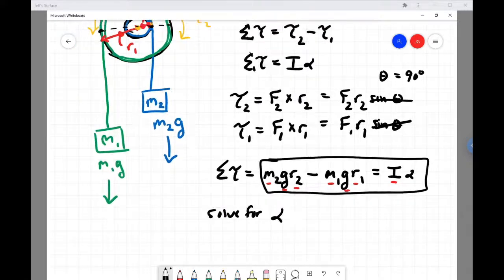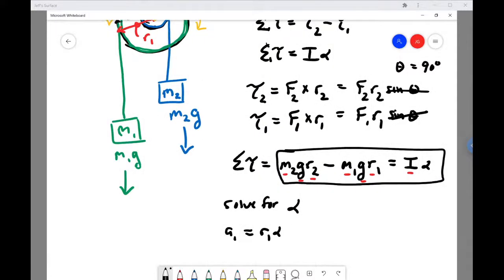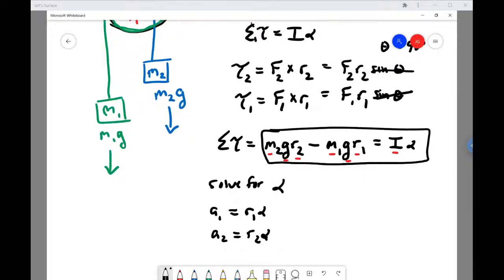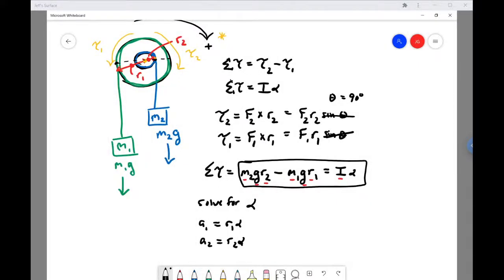And then once you have alpha, you can figure out the tangential acceleration of mass 1, because it's just equal to alpha times the radius, r1. And you can find the tangential acceleration of mass 2 in the same way. So that's how you would set up that problem and solve it.